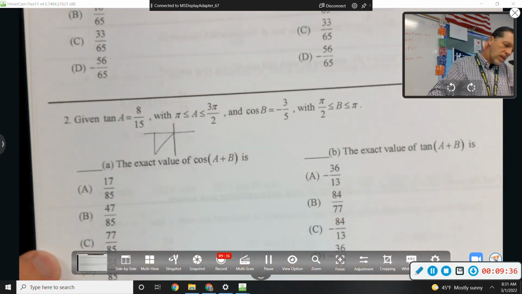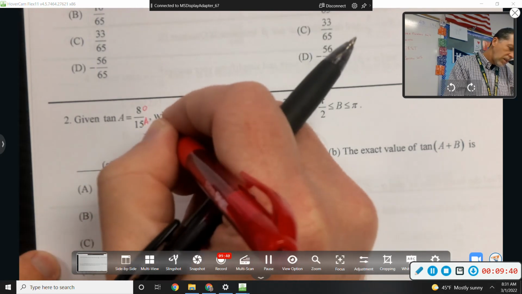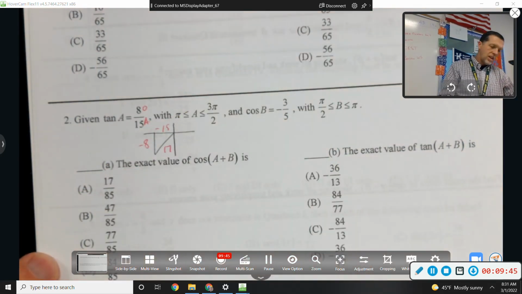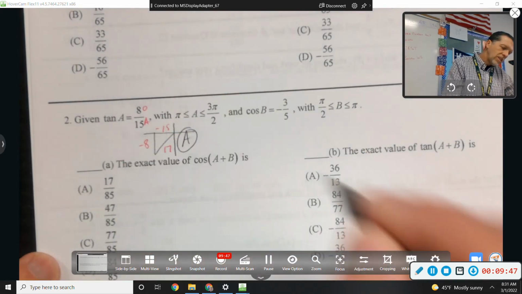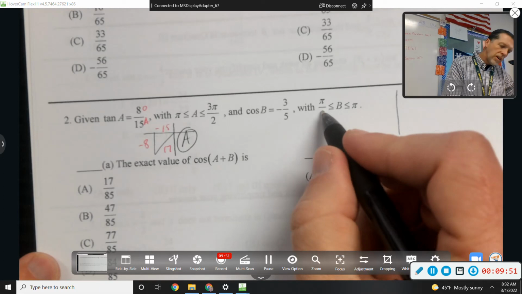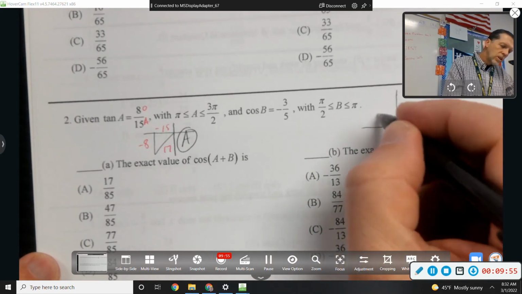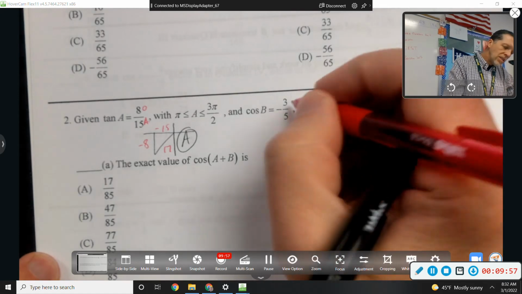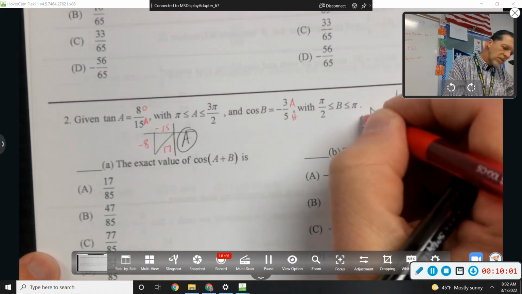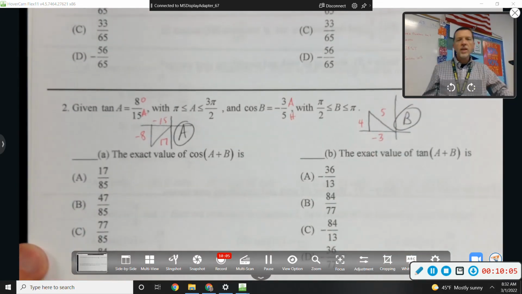So opposite, adjacent, but they're both negative. 8, 15, 17. That's triangle A. Triangle B, pi over 2 to pi, that would be in quadrant 2. Adjacent over hypotenuse. So there's triangle B, and then you're off and running.